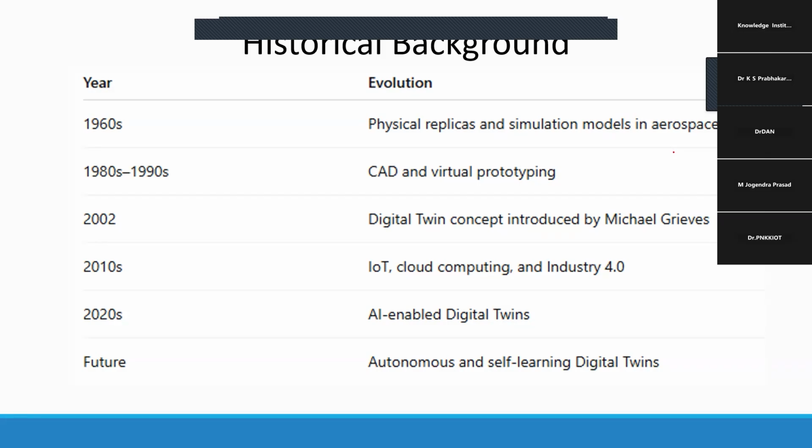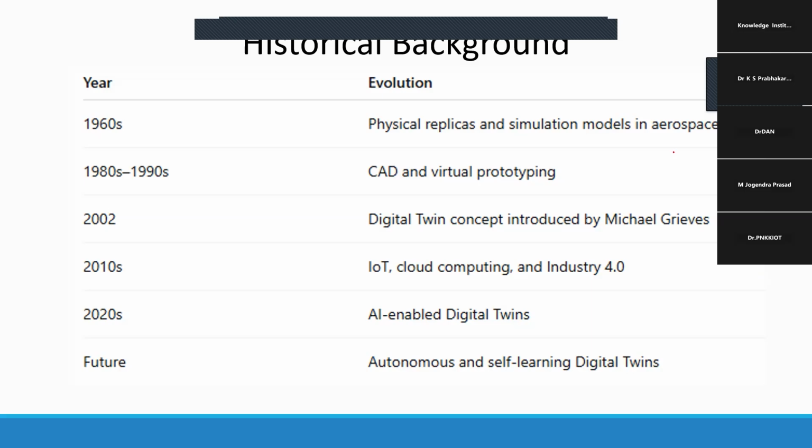After that, the major milestone happened in 2002, when this concept was formally proposed and introduced by Michael Grieves. He proposed the idea of creating a digital representation of a physical product that remains connected through its entire life cycle.